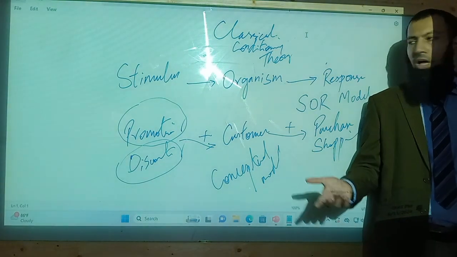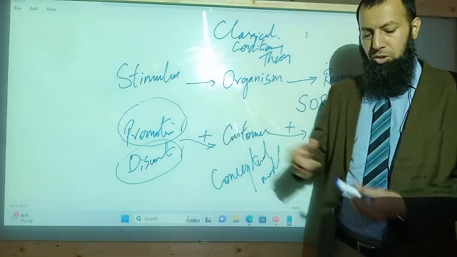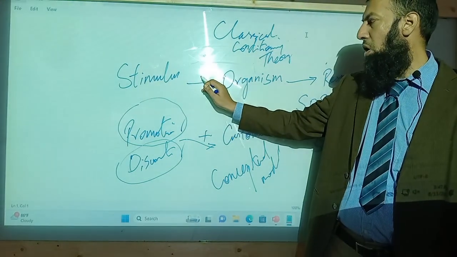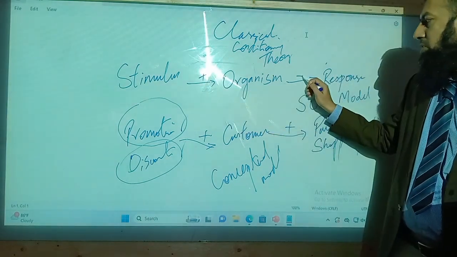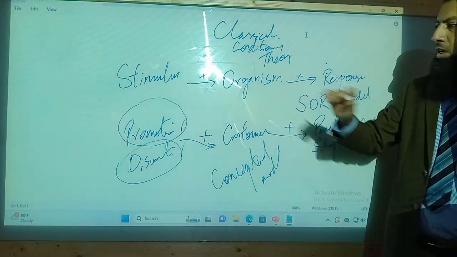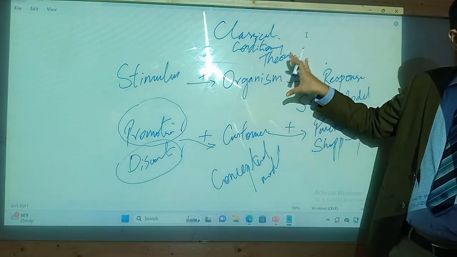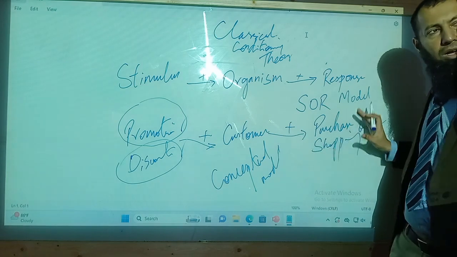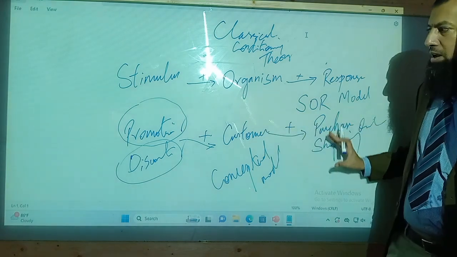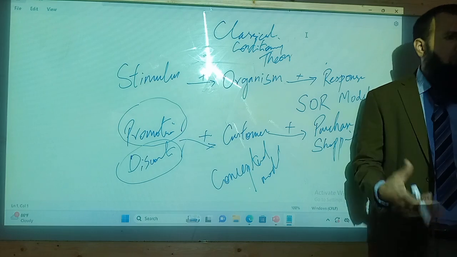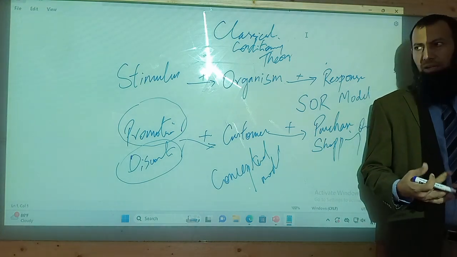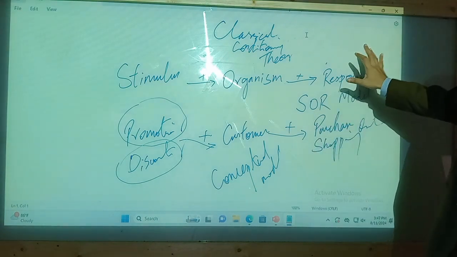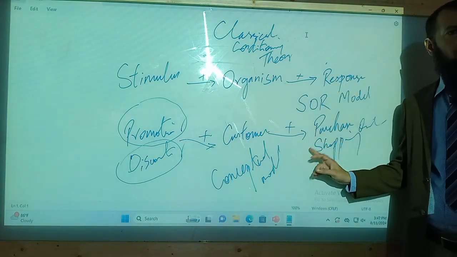The theory says that when the stimulus increases on the organism, the response increases, so there is a positive relationship. The relationship is also defined by the theory, and you develop the conceptual model on the basis of the theory. Have you understood this idea, or do you want more discussion about it?